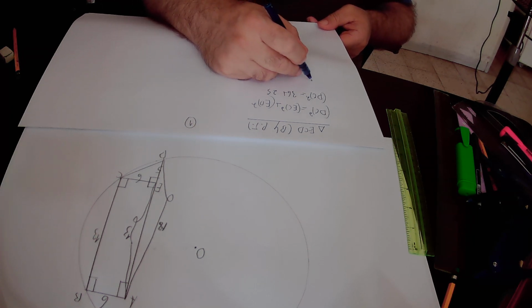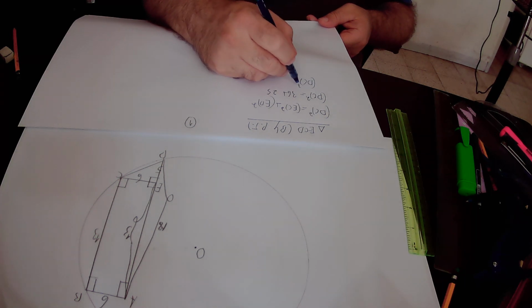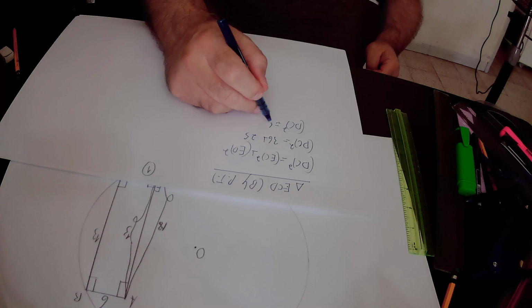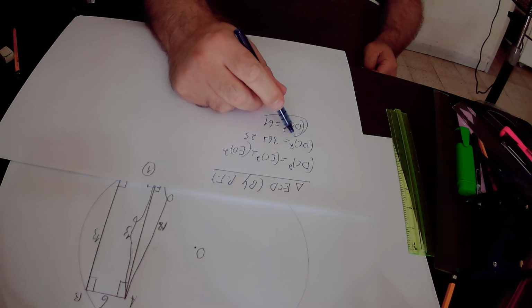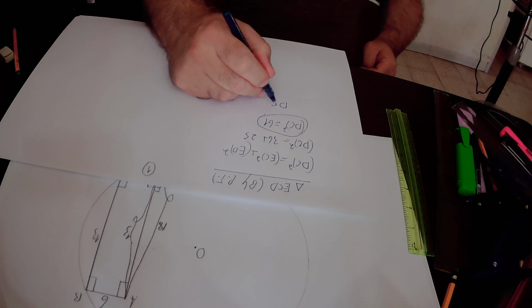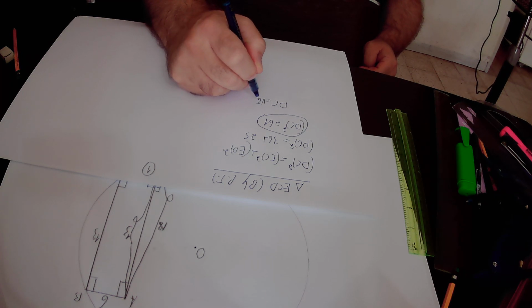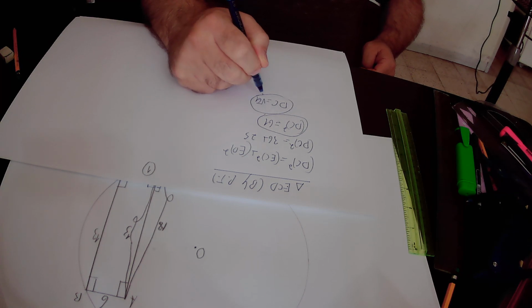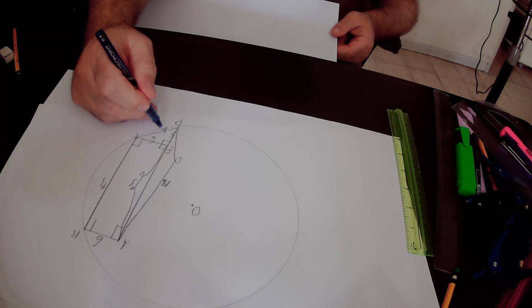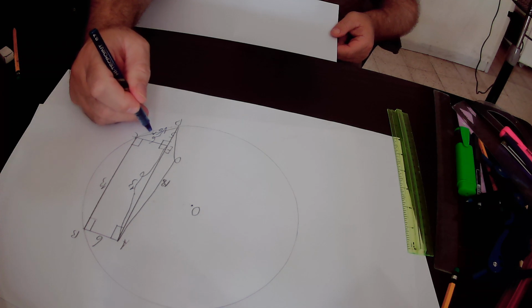So in conclusion, we found that DC squared equals 36 plus 25, which is 61. We'll take the square root of this equation and we'll get that DC equals the square root of 61. So here we can write down that DC equals the square root of 61.